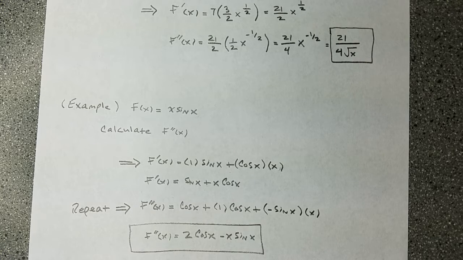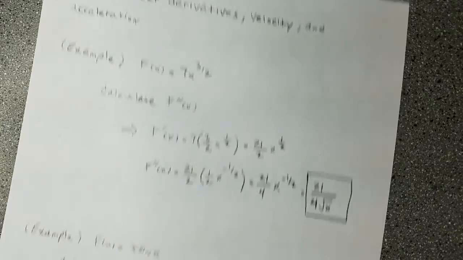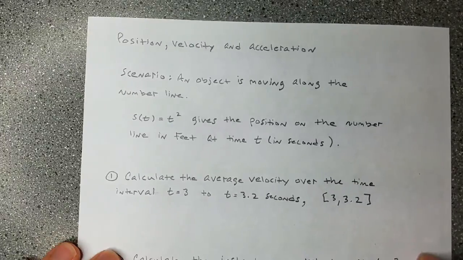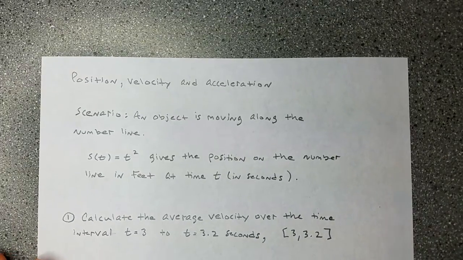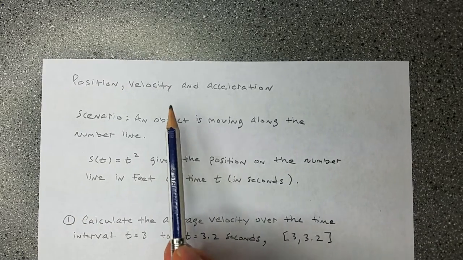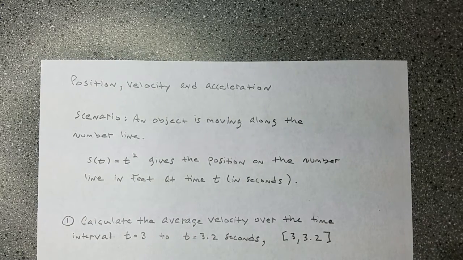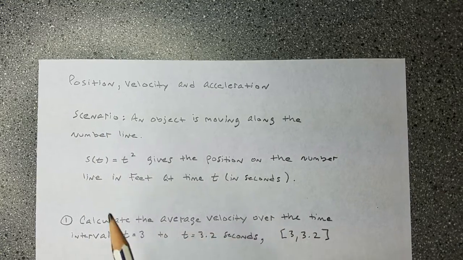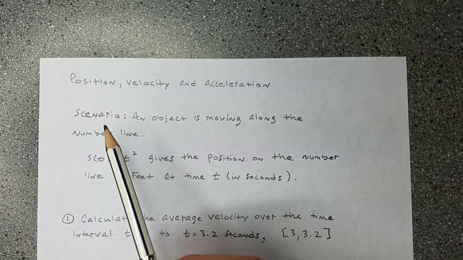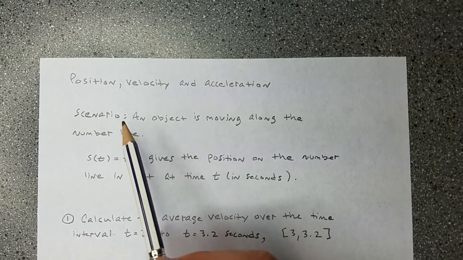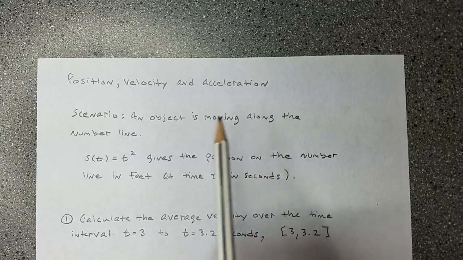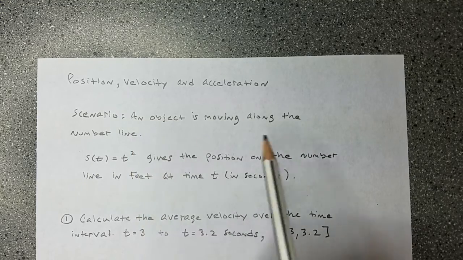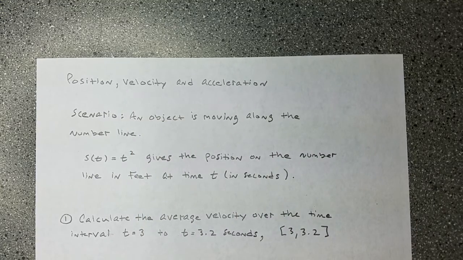Let's look at something to give us a purpose for finding higher order derivatives. So that will bring me to telling you a little bit about position, velocity, and acceleration. And in order to do that, I need you to think of a scenario. So this requires a little bit of your imagination, all right? So suppose an object is moving along the number line, like maybe back and forth along the number line.